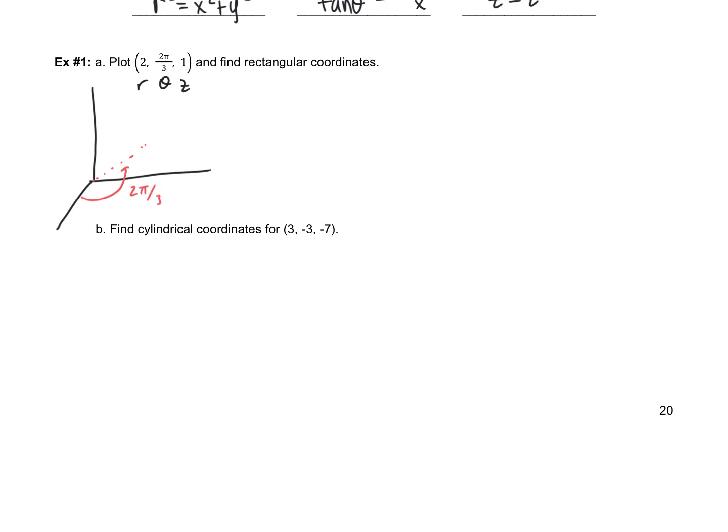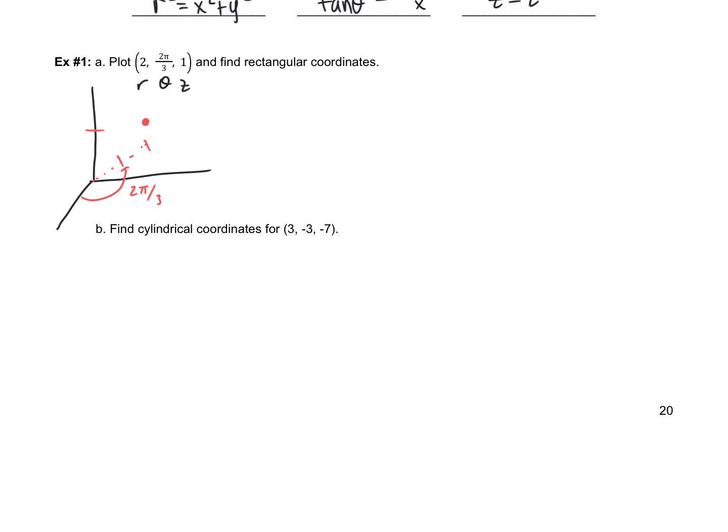So this is all on the xy plane, so it's a little hard to visualize, but you're rotating 2π over 3 in the xy plane. Then we are moving out 2 units, and then we are moving up 1. So that is our point. So again, pretty hard to visualize, but we're going an angle on the xy plane, we're moving out 2, and then we are moving up 1.